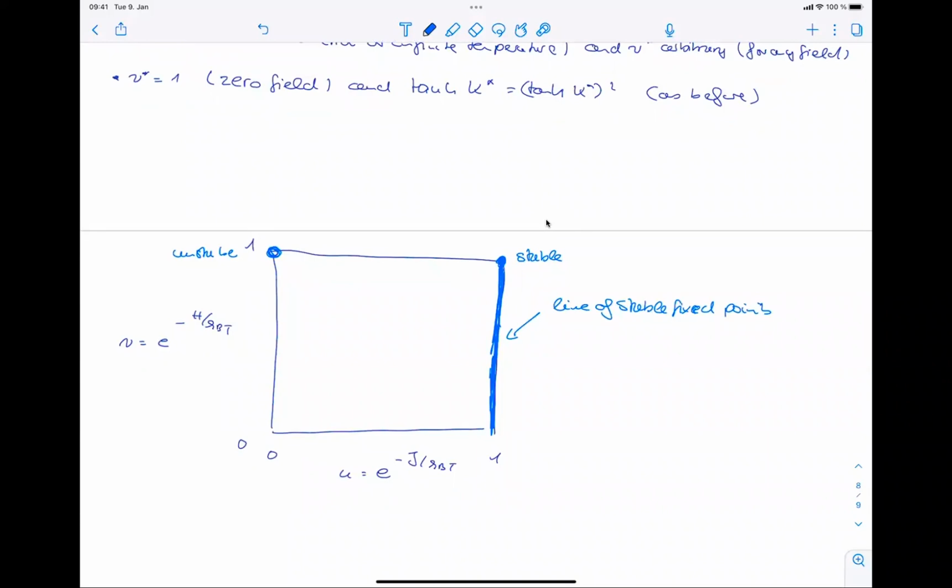And now the dynamics show me that in this space, I would flow that way. I would flow from the unstable to this whole line of stable fixed points.